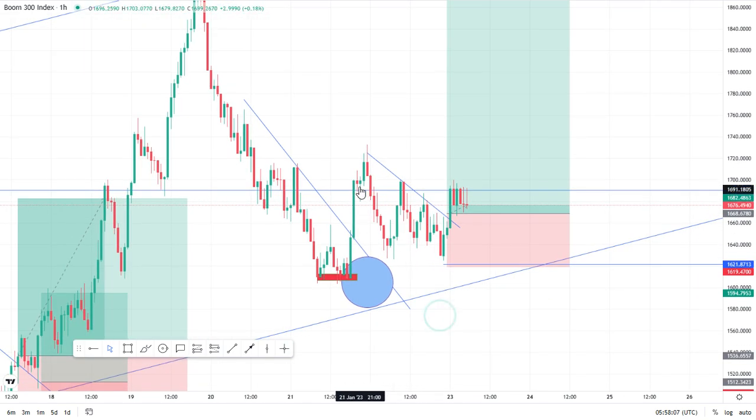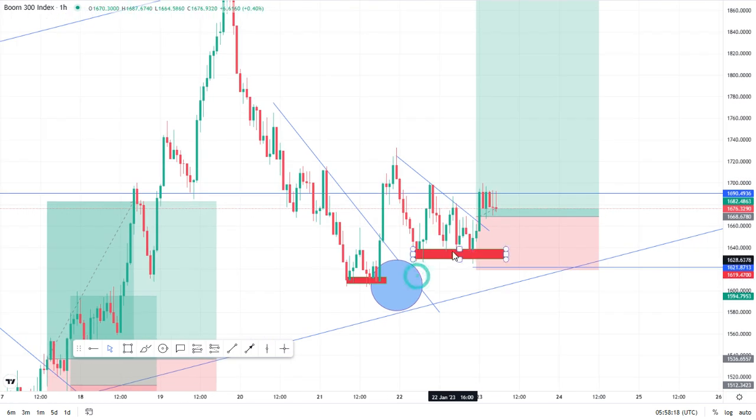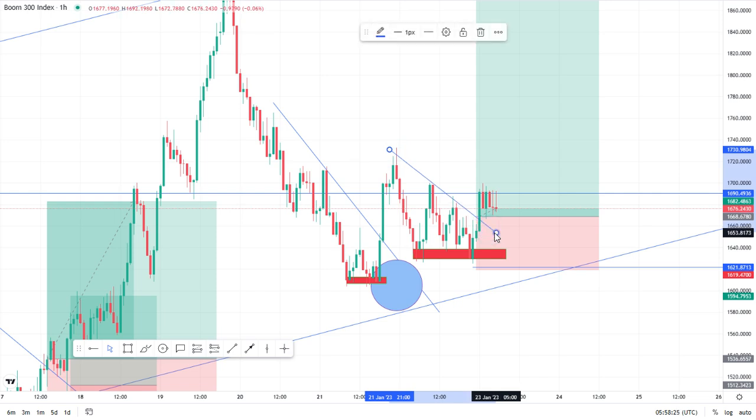Even when the price is consolidating or retesting, I'm seeing this as a retest, the price gave me this double bottom again. So this double bottom again, the price gave me that double bottom. So I drew in my trend line again based on my entry strategy. Once the price breaks out, I enter my trade.